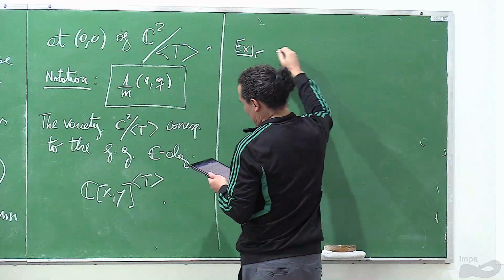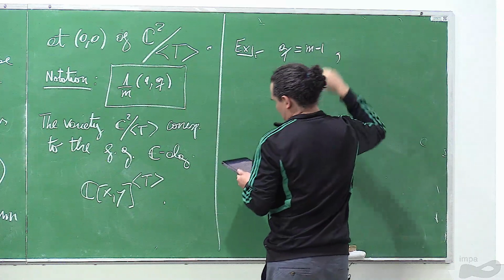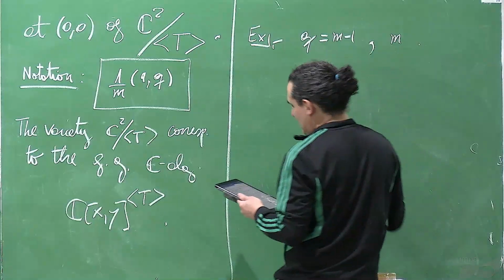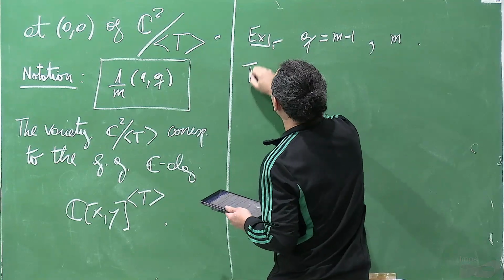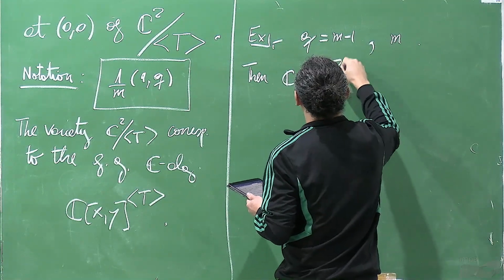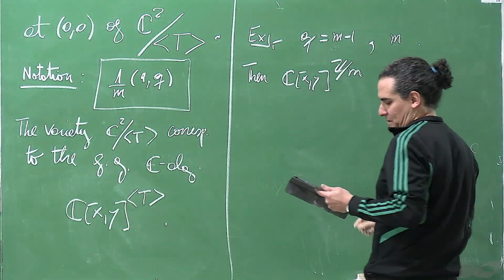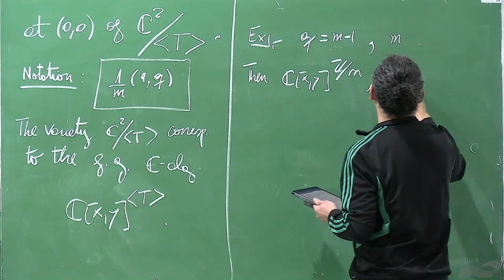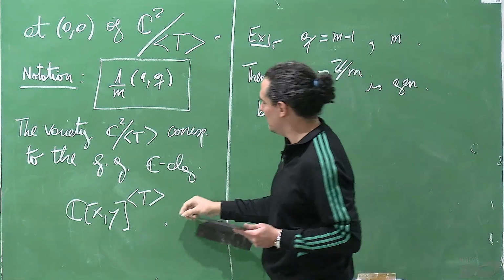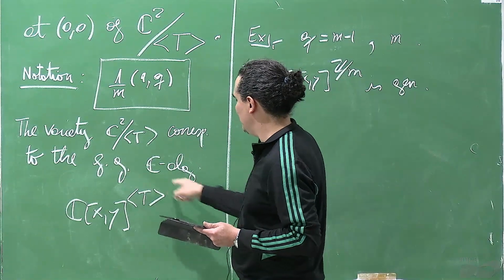And now I construct an example. Example, if you take q equals m minus 1 and m, then C[x, y] under this action is generated by, okay, this is part of a homework: when you have a finite action, this is finitely generated.